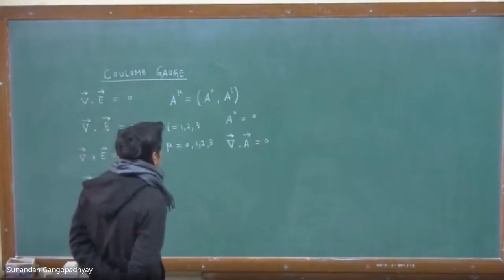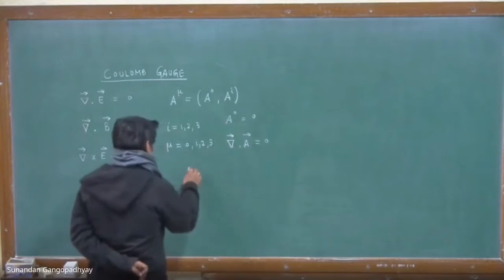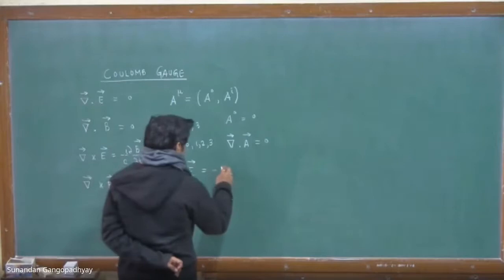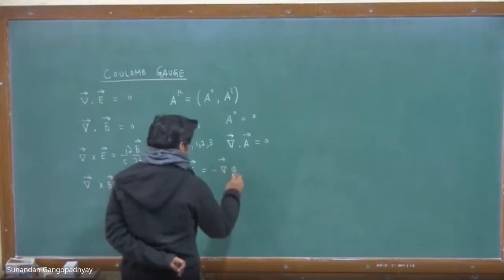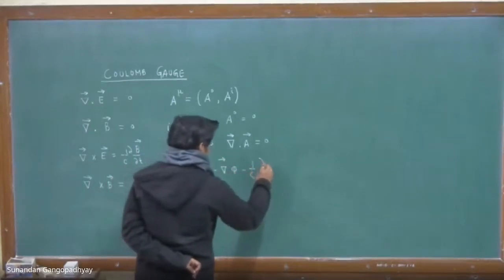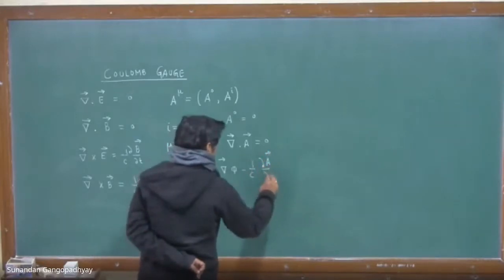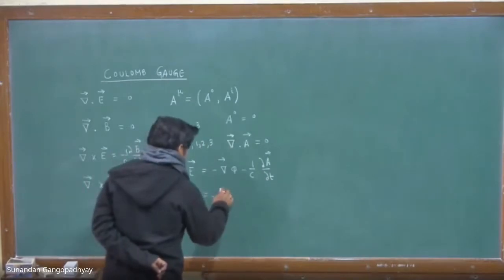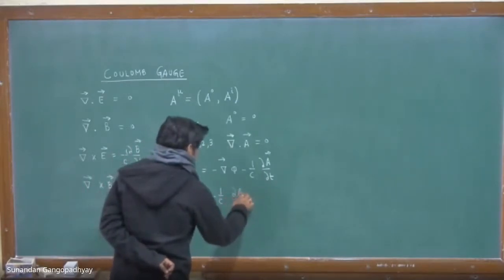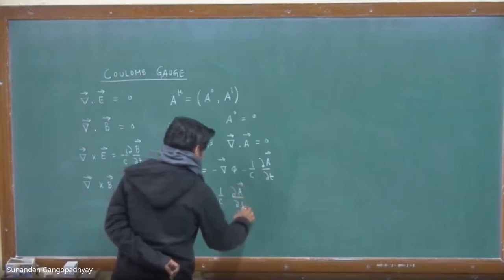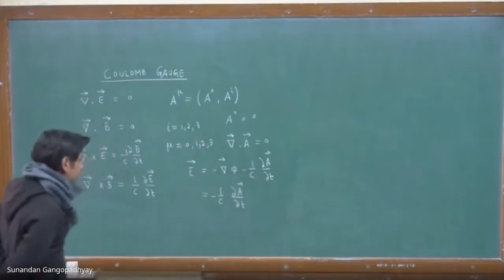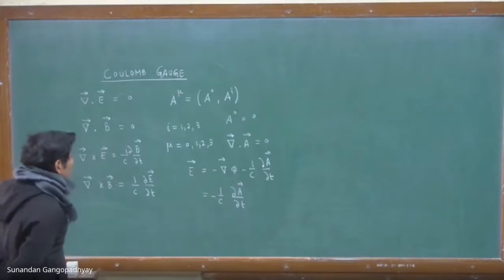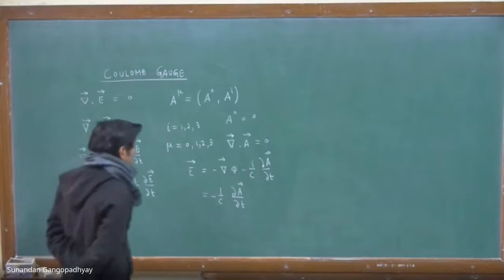So we have set the Coulomb gauge, and in the Coulomb gauge, we know that E is basically minus grad phi minus 1 by c dA/dt, and since we are in this gauge, it becomes minus 1 by c dA/dt.